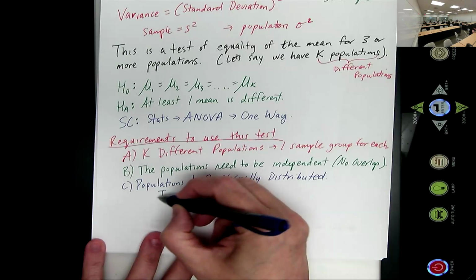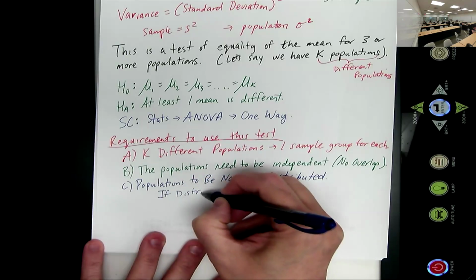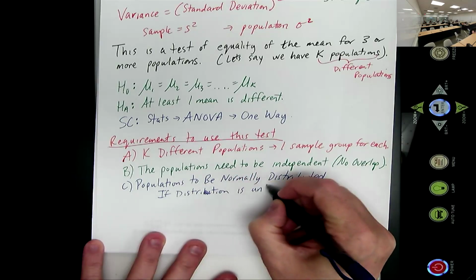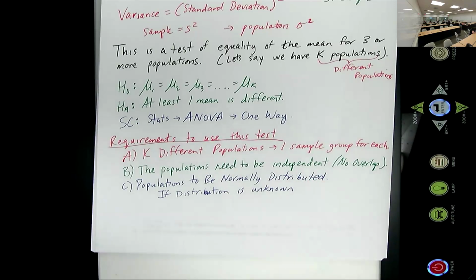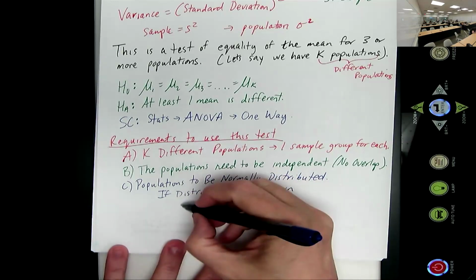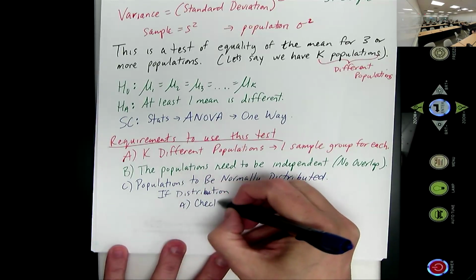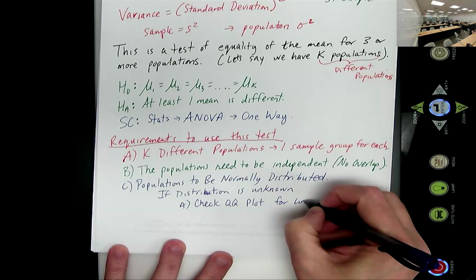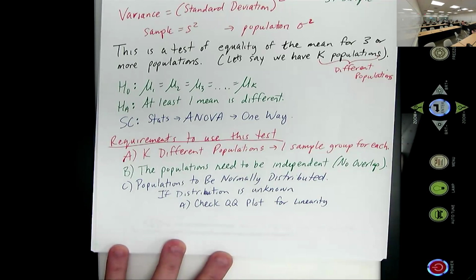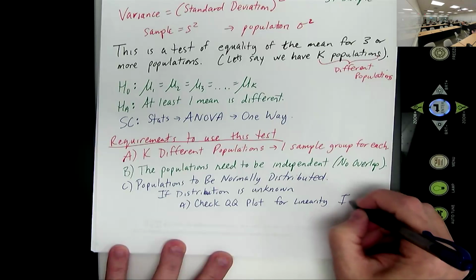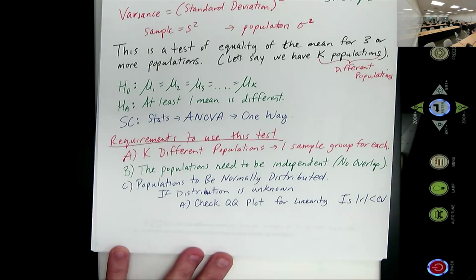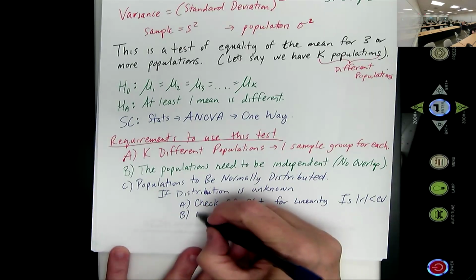So on this one, if the distribution is unknown, we've done this for other means tests and we're gonna do it here. You check the QQ plot for linearity. This is absolute value of R less than the critical value, that kind of testing. And then we also want to make sure the box plot had no outliers.